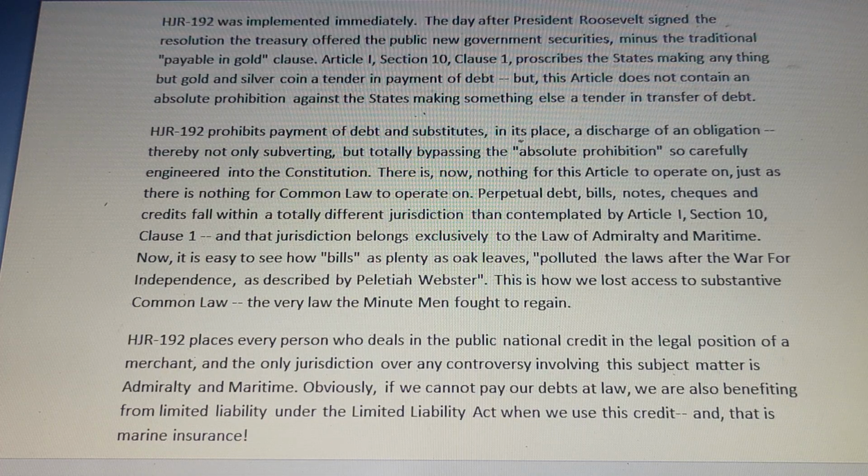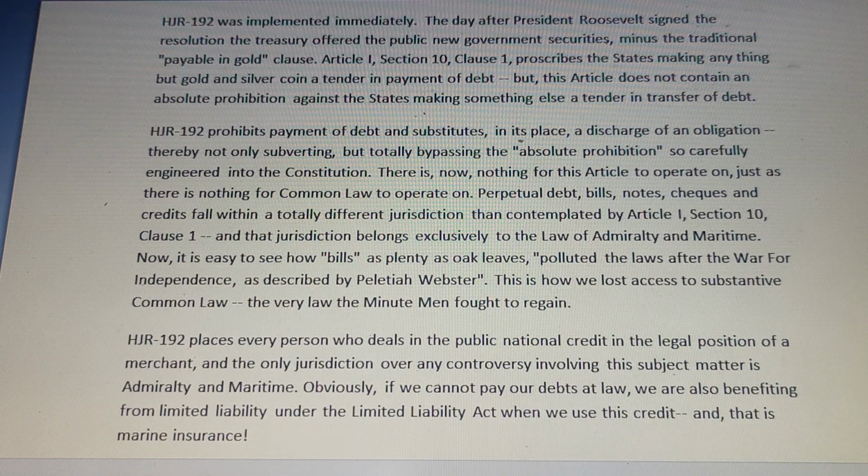There is now nothing for this article to operate on, just as there is nothing for common law to operate on. Perpetual debt, bills, notes, checks, and credits fall within a totally different jurisdiction than contemplated by Article 1, Section 10, Clause 1, and that jurisdiction belongs exclusively to the law of admiralty and maritime.